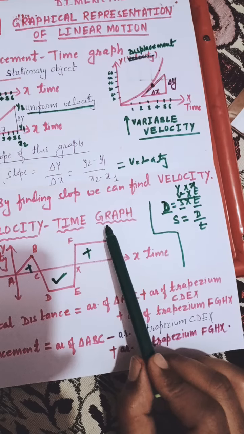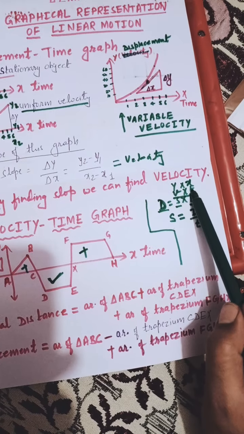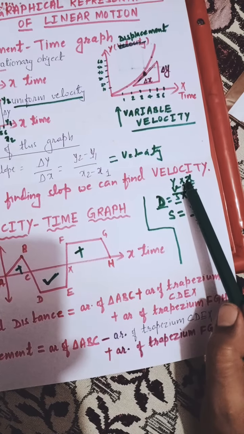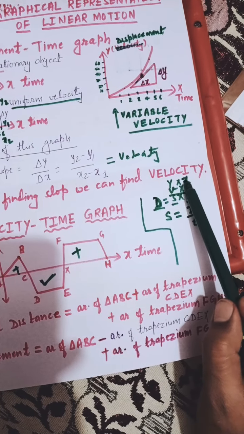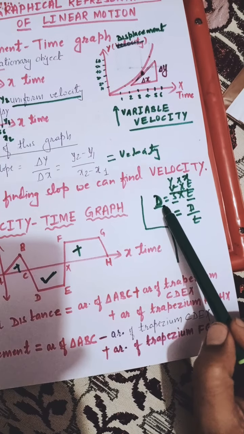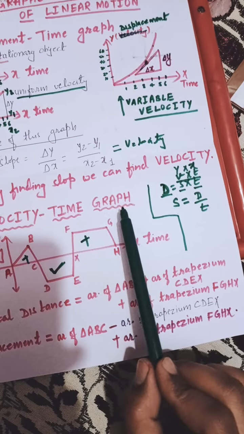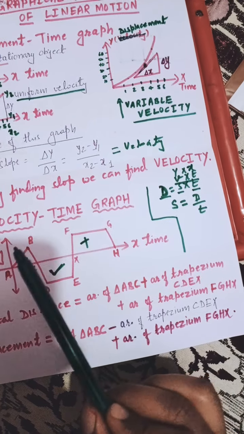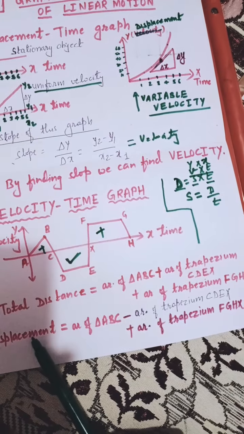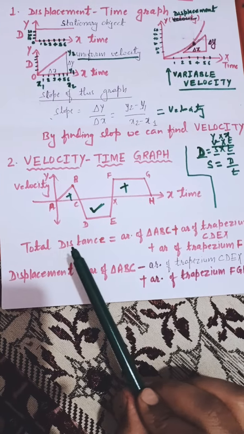In this velocity time graph, we have drawn velocity on the y-axis and time on the x-axis, and when we multiply these x and y coordinates, what result do we get? We get the displacement of the object. So with the help of plotting a velocity time graph, we can find out the displacement of an object and the total distance covered by an object. So how do we find out the total distance covered by an object?